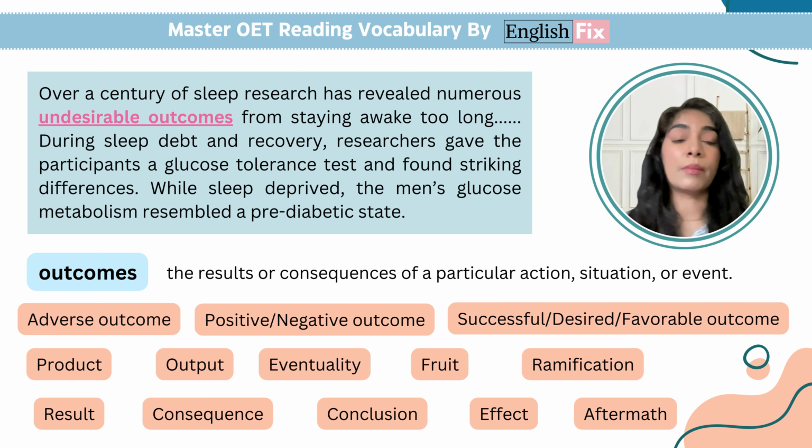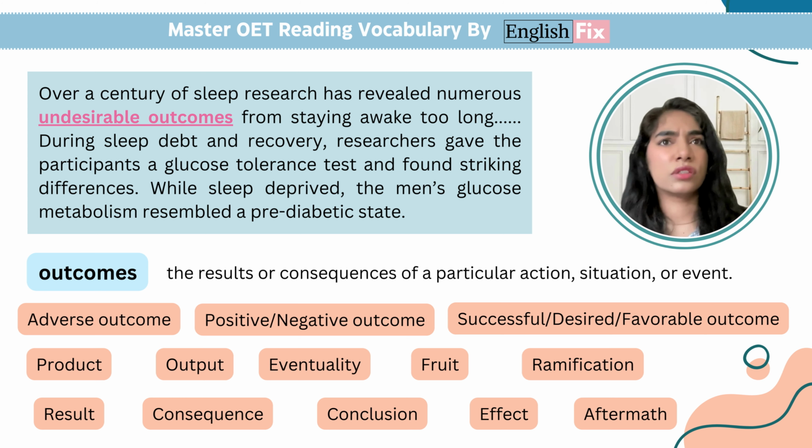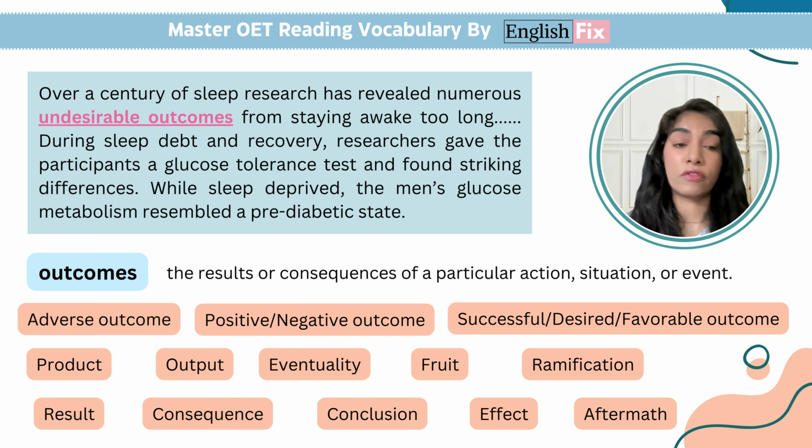If you are in the habit of reading medical journals like the Medical Journal of Australia, or you read articles on Medical News Today, you're going to find these words being used a lot. If you are already aware of their meaning, it would make it easier for you to comprehend the meaning of the sentence that they are being used in. And in the end, as a result, you will be able to understand the overall paragraph really, really well.